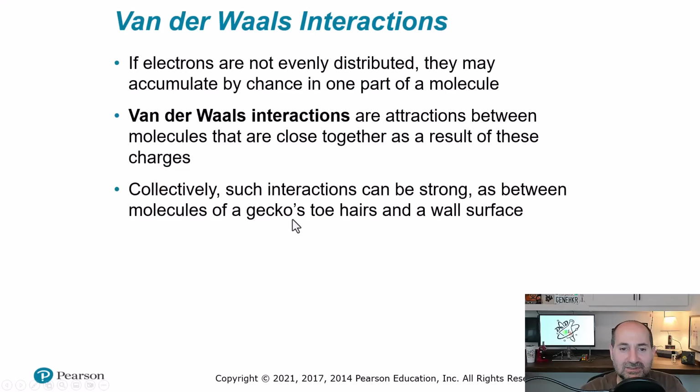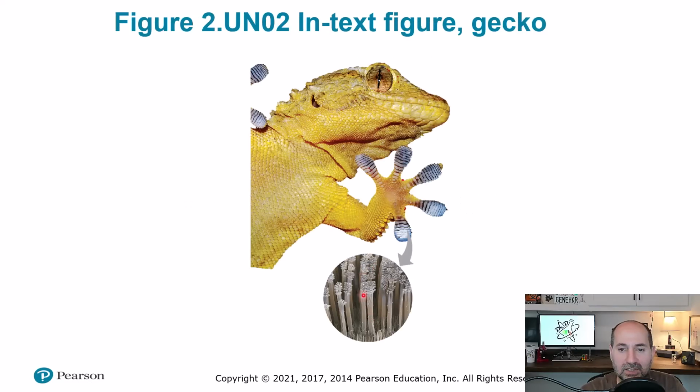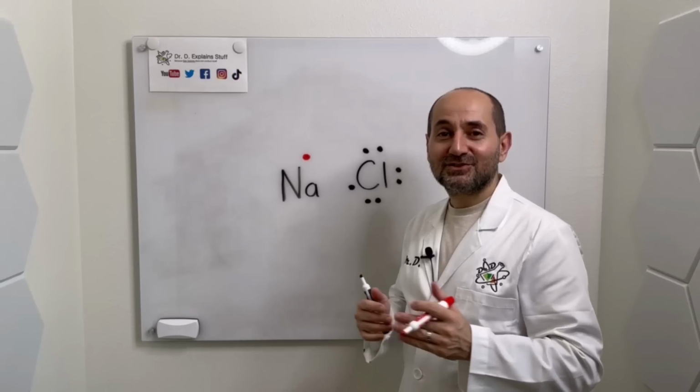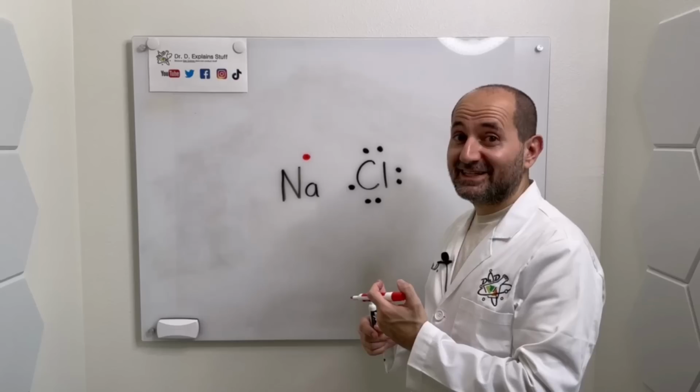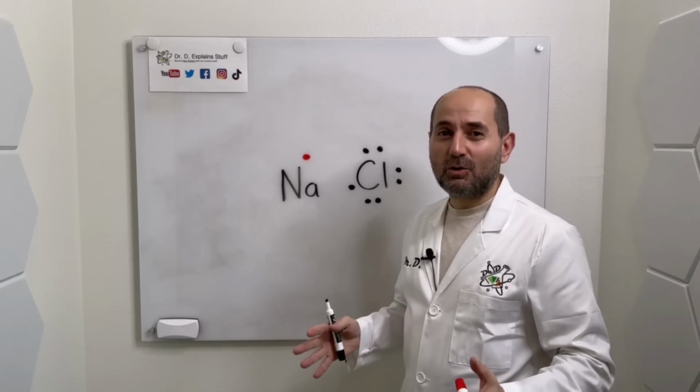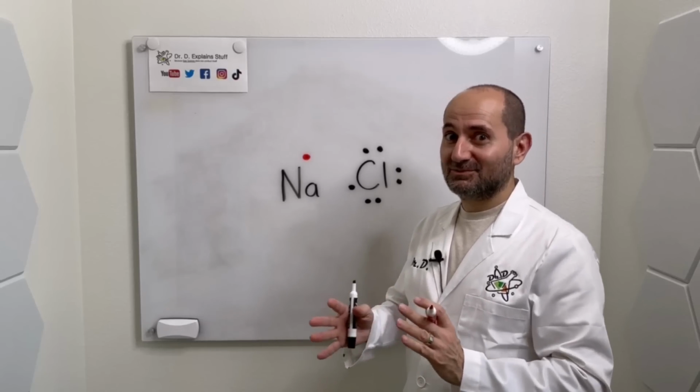And here you can see a gecko's toe is designed to take advantage of these weak interactions, these van der Waals interactions. So now let me show you a different scenario with a different outcome, with a different arrangement, all right?